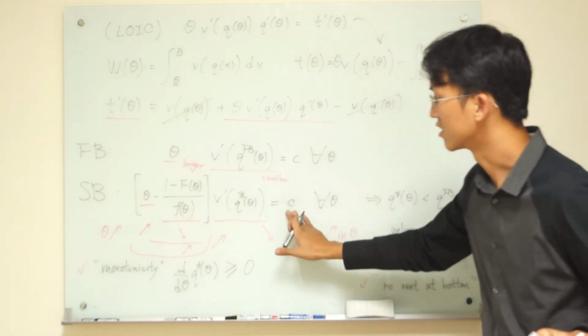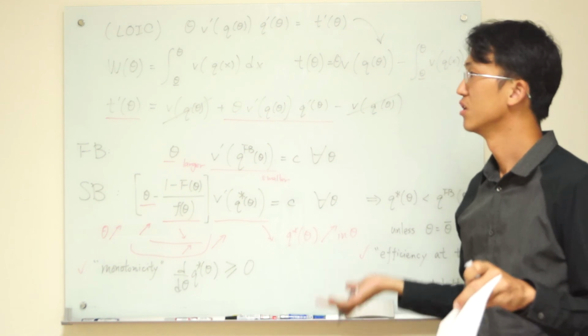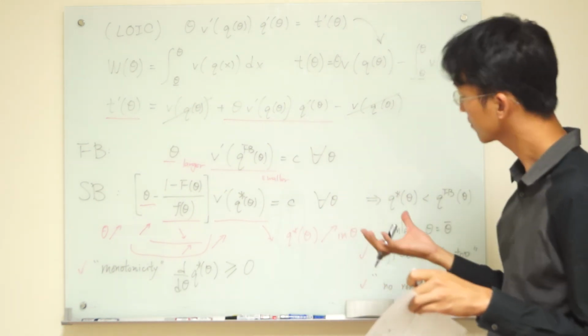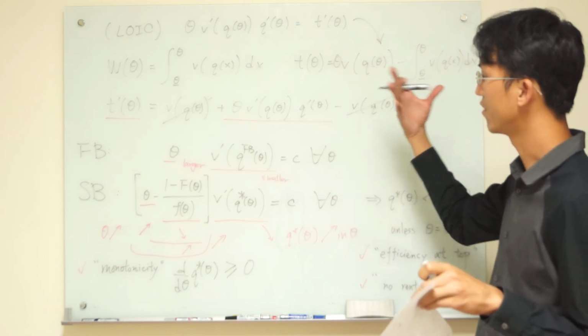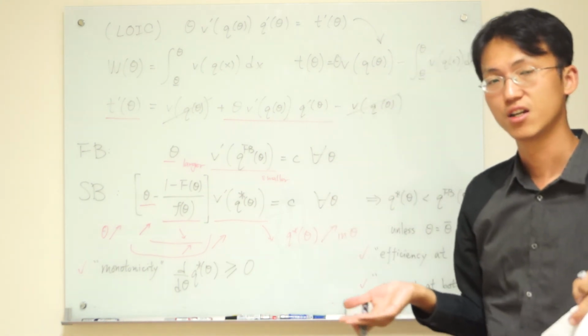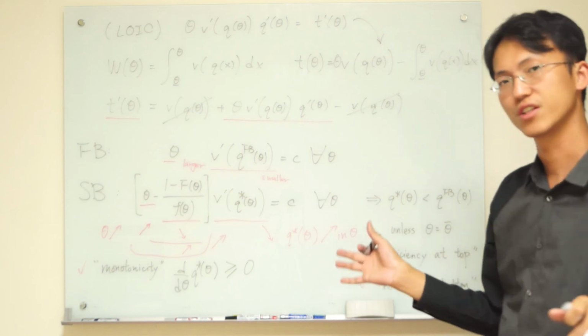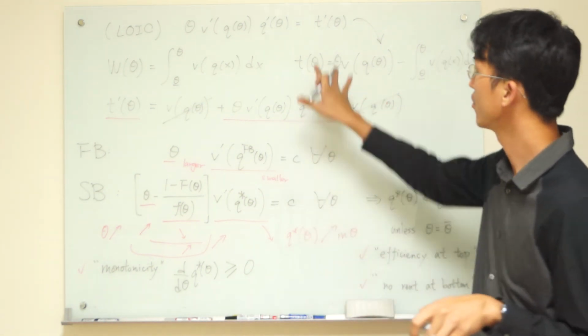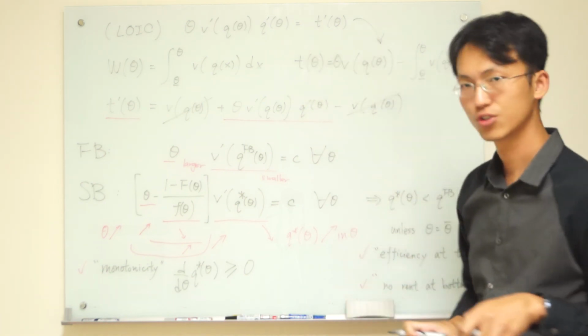But after this, what do you need to do? You need to verify monotonicity, right? So eventually everything is equivalent. You may use the envelope theorem, or you may go from local IC to this equation.